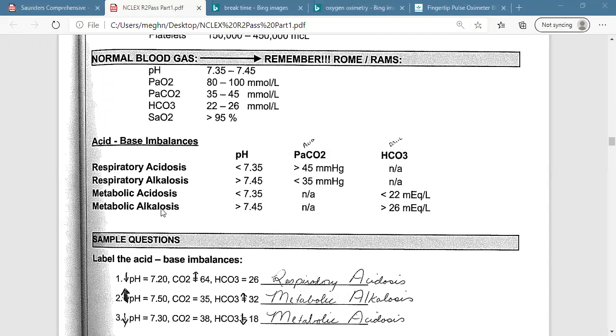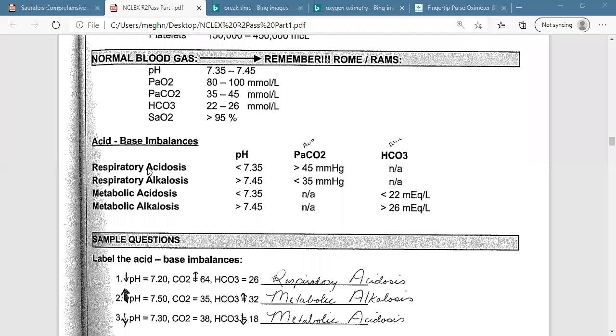And in metabolic alkalosis all are up: pH up, bicarbonate ion up, more than 26. So it is called metabolic equal: pH down, bicarbonate down; pH up, bicarbonate up.